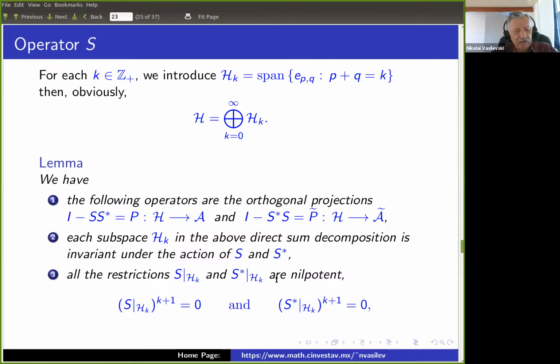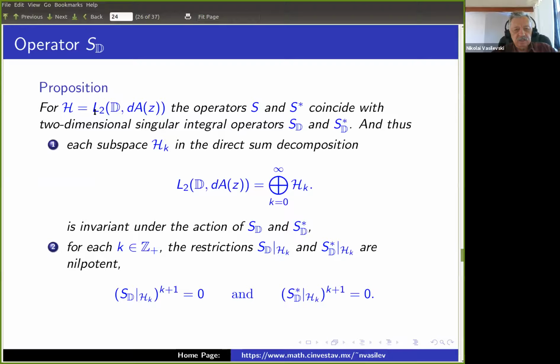First of all, the Dirac-like formula: orthogonal projections are given in terms of identity minus S star S, or S S star. Each subspace HK in this direct sum decomposition is invariant under the action of operators S and S star, and the restrictions of these operators are nilpotent. Corresponding powers are equal to 0.